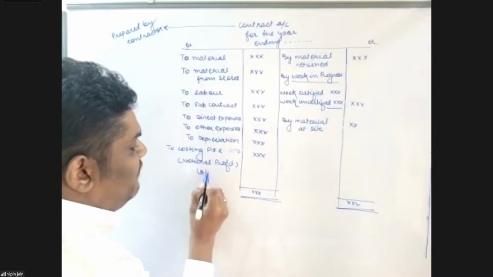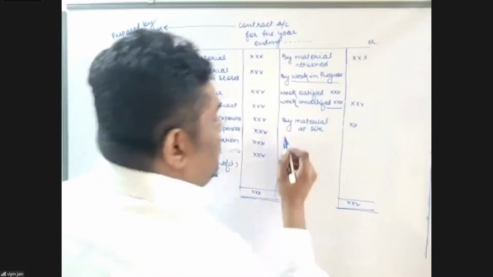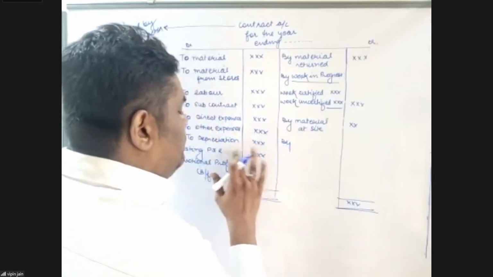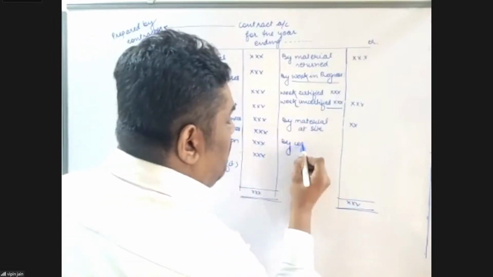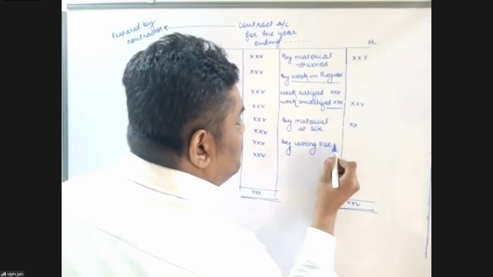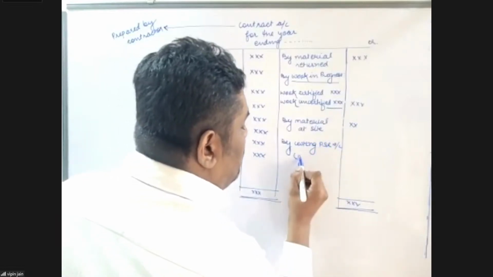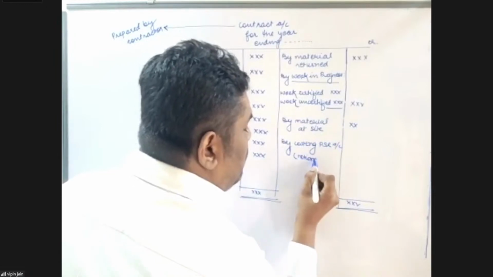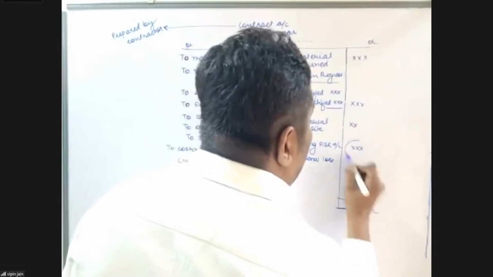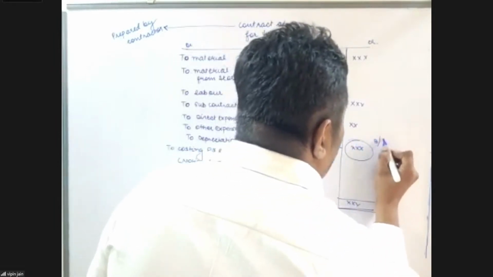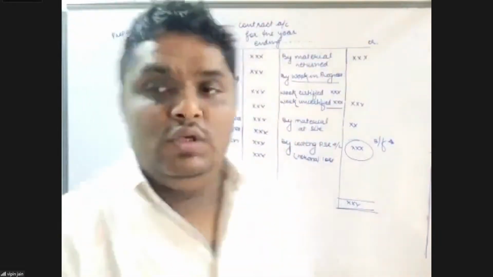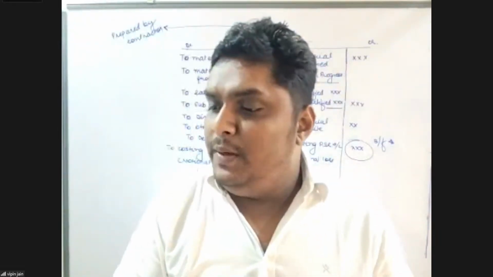It is the balancing figure. And if there is any loss, again by costing P&L account. This is the balancing. So this is how the contract account is to be prepared.